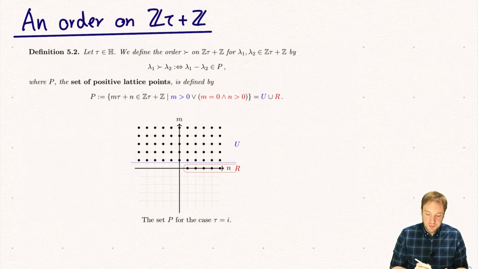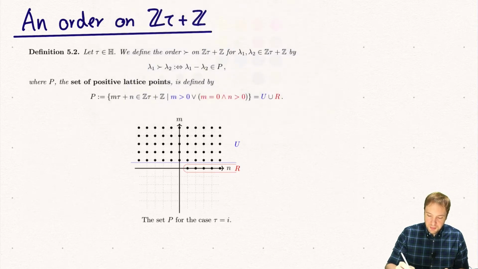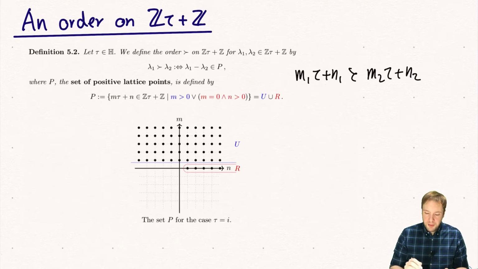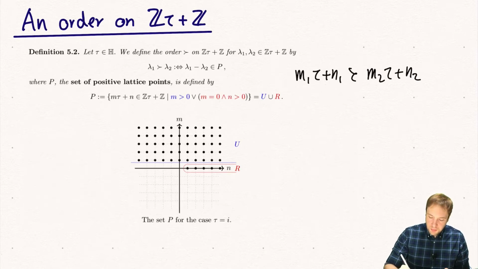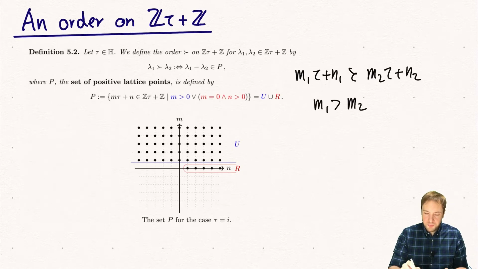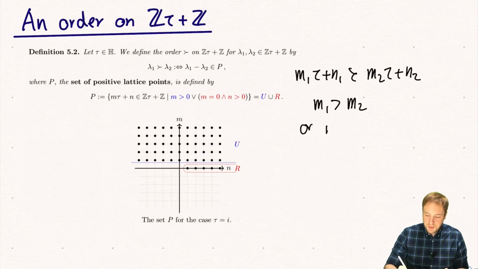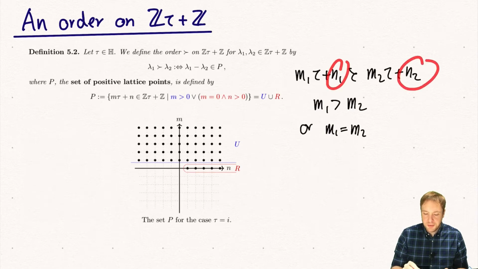And so another way to phrase this would mean that a lattice point m1 tau plus n1 is larger than m2 tau plus n2 whenever, for example, either m1 is greater than m2, so this means the difference of these two lattice points is in the upper half plane, or if they are the same, then n1 should be larger than n2.